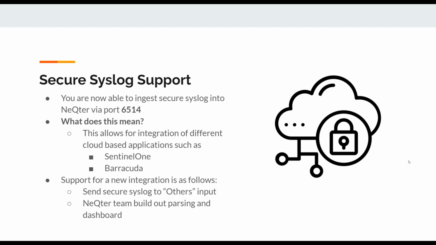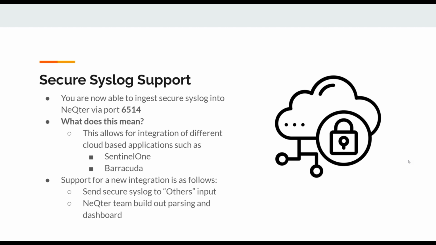And lastly, with 219.3, just to speed through and get to the new stuff: secure syslog. We've actually leveraged this already in the newer update coming out, 220. With secure syslog, we're able to pull in on port 6514. It's going to be the same. If you already have a system pushing regular syslog, say a SonicWall that's already pushing to NeQter, but you want to turn on secure syslog, it's the same form and function: go in and select that vendor from the dropdown, and NeQter is pulling in both.